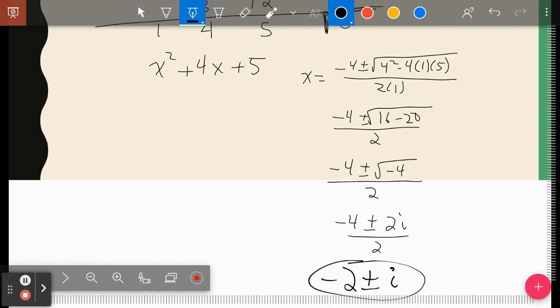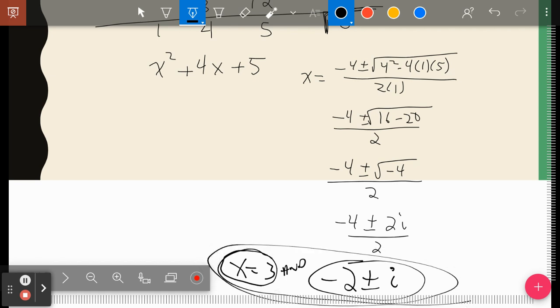And that is the answer. And don't forget, you also had x equals 3. So all of this is the answer: 1 real, 2 imaginary.